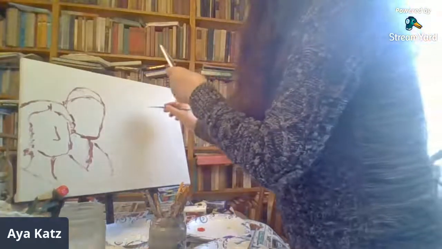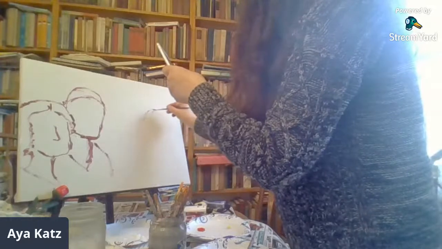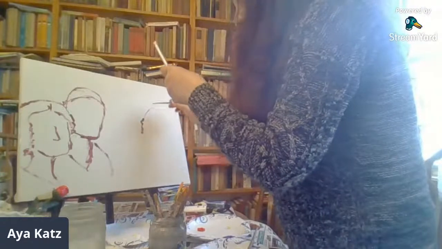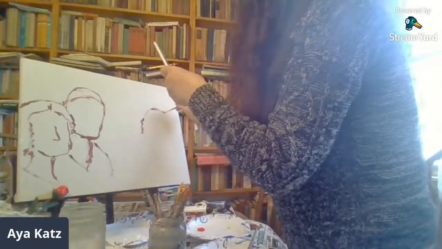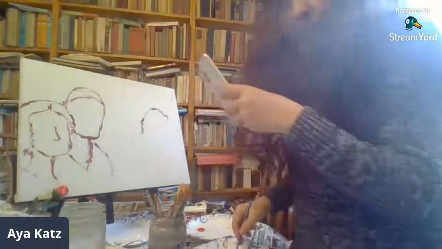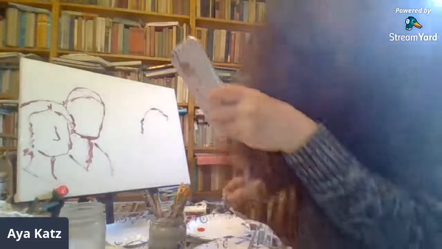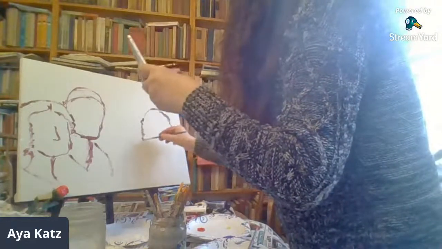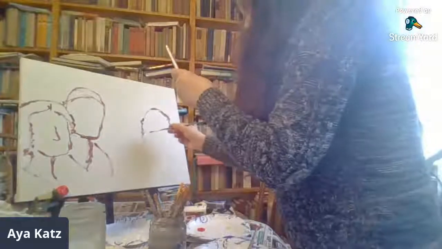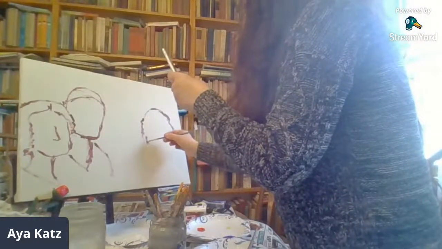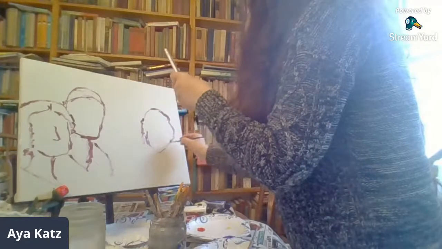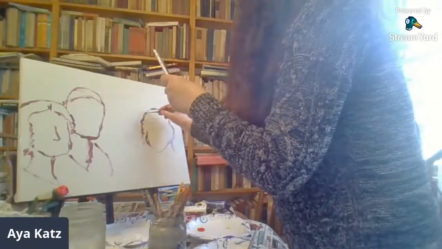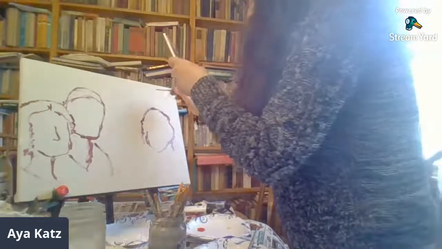Now I'm going to sort of put in Charlotte, and then we're going to decide exactly where we are placing Branwell between Charlotte and Emily. So how tall is Charlotte?